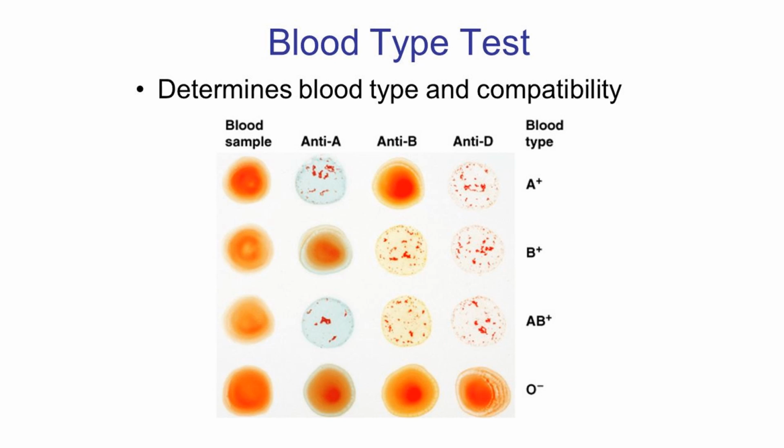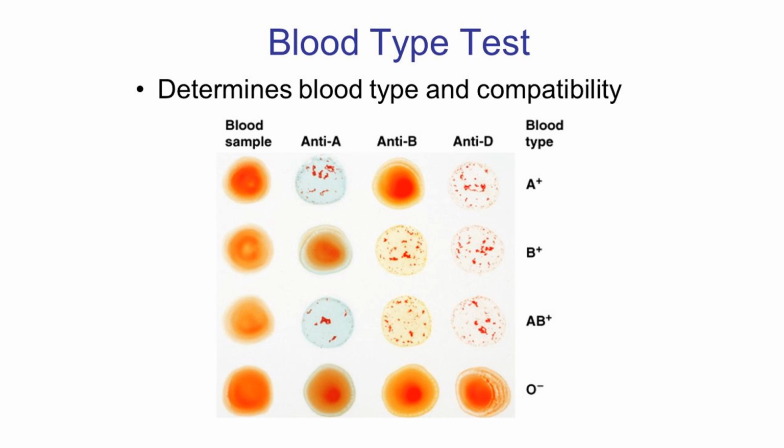Last one here. This blood is treated with anti-A antibody and you get no clumping, meaning that the A antigen is not present in that blood. With the anti-B antibody, you get no clumping, meaning that the B antigen is not present either.